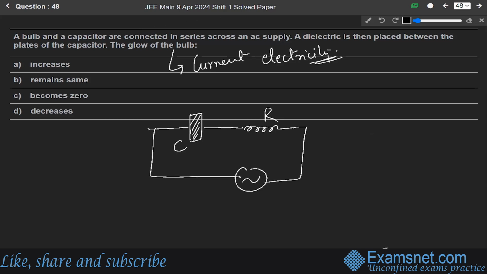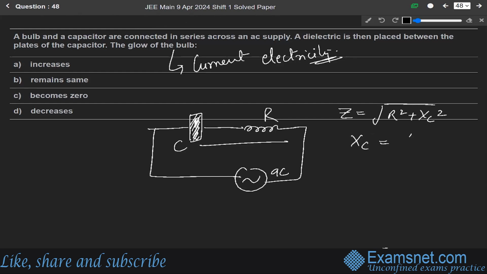A bulb and a capacitor are connected in series across an AC supply. A dielectric is then placed between the plates of the capacitor. If the dielectric is placed in between the capacitor, the glow of the bulb is, okay. First of all, we know that Z is equal to what? Under root of R square plus XC square. This we all know.